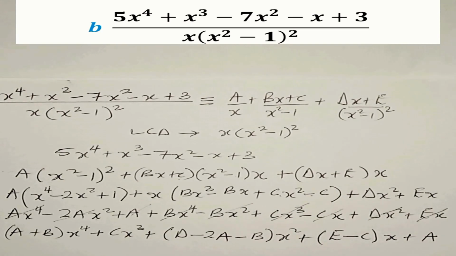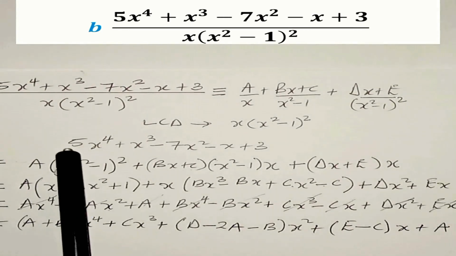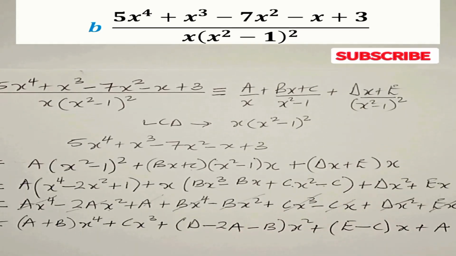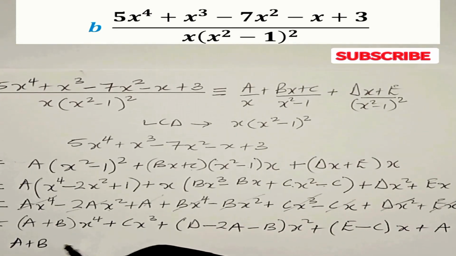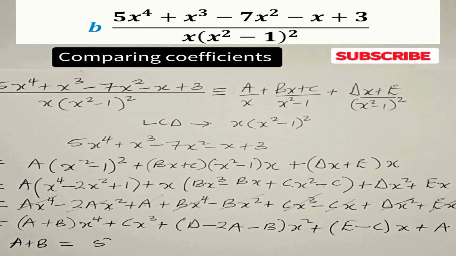All right, now we need to compare the coefficients. We are using the method of comparing the coefficients. We are comparing the coefficients of the left-hand side and the coefficients of the right-hand side. So now we can say a plus b is equal to 5. They are all coefficients of x to the power of 4.